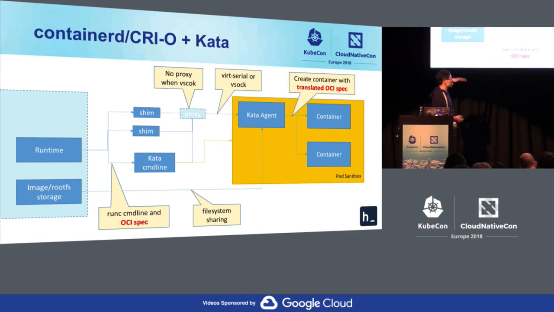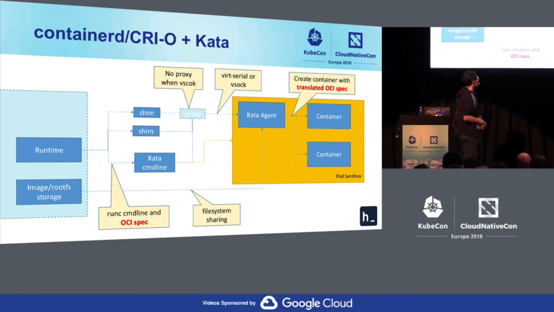And if the host kernel or the hypervisor supports VSOCK, which was contributed by VMware, and I think it has been supported since kernel 3.15 or 3.18, not quite sure, maybe 4.0, then with VSOCK we can directly talk to the Kata agent without the proxy.